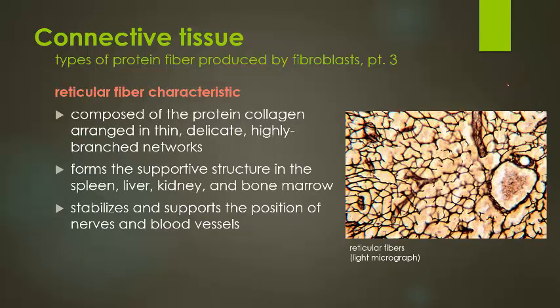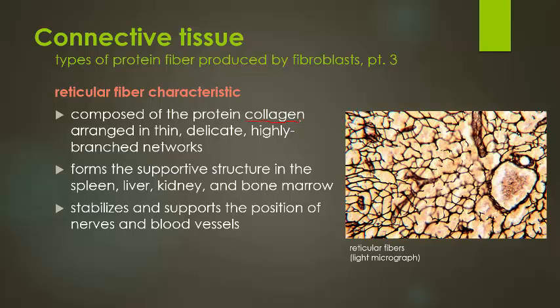The last kind of fiber is referred to as a reticular fiber. Reticular fibers, like collagenous fibers, are composed of the protein collagen, but rather than being arranged in thick, straight bundles, the collagen is arranged in a thin, delicate, highly branched network.